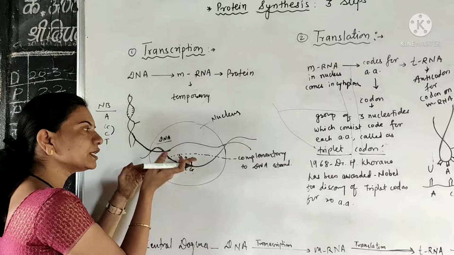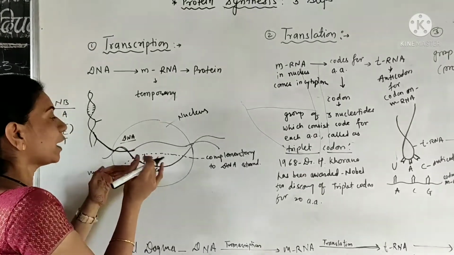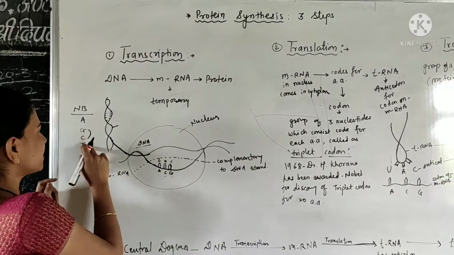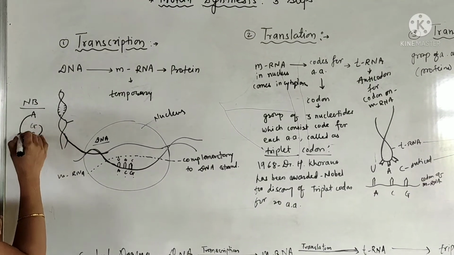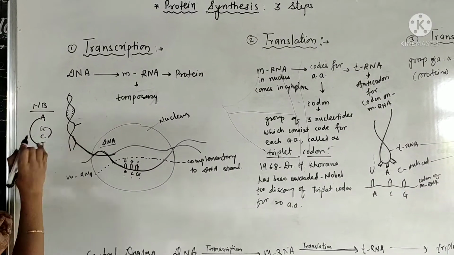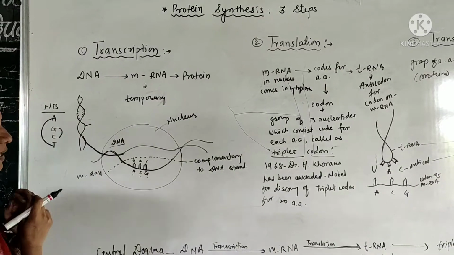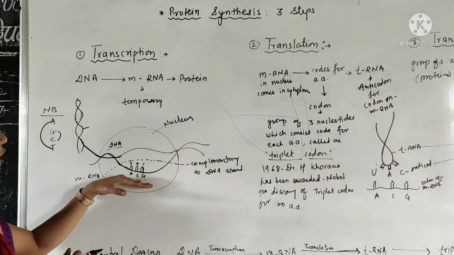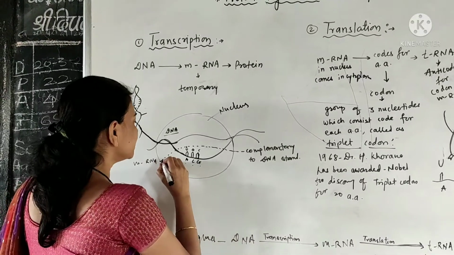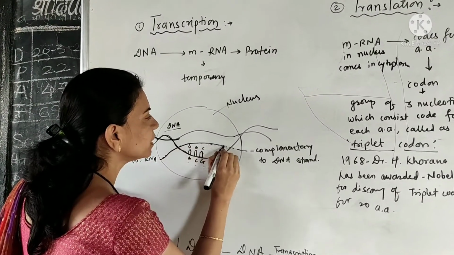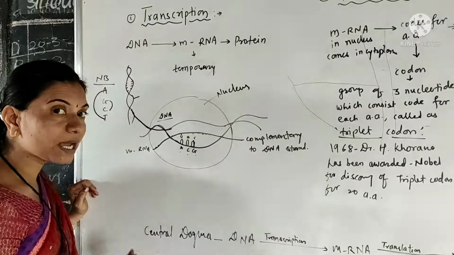With the help of these nucleotides, according to their nitrogenous bases, you know, this pairing of nitrogenous bases, adenine to thymine, guanine to cytosine, according to these bases, pairing of nitrogenous bases is carried out in this mRNA. This is the complementary strand of mRNA. Means what happened here?